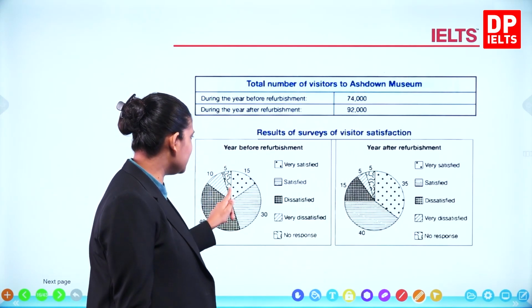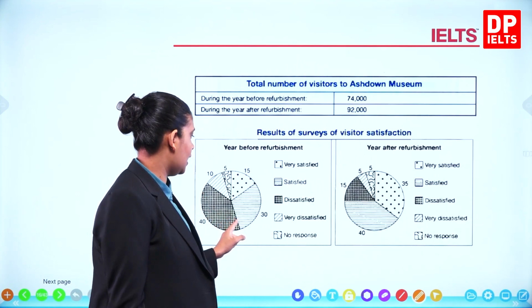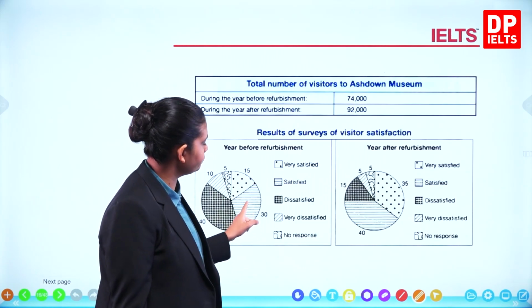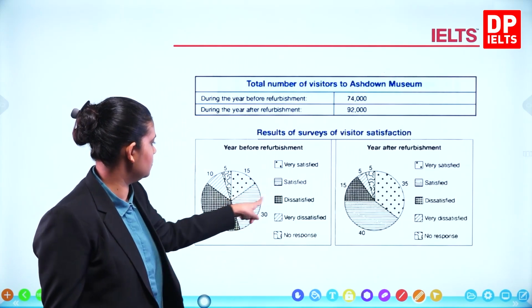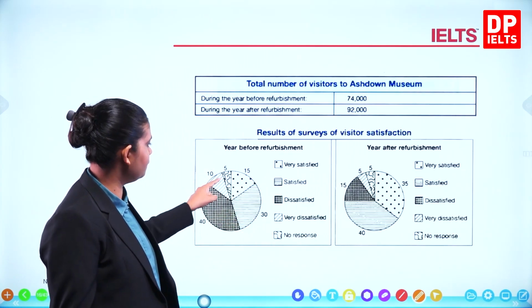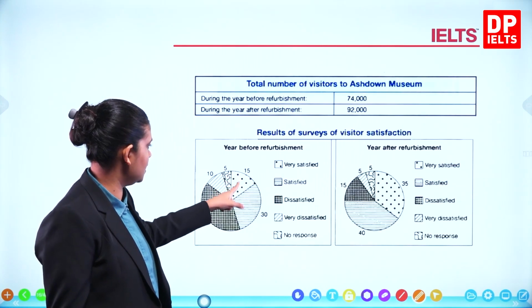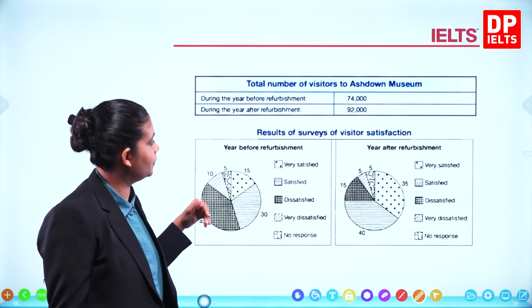So most of them were dissatisfied, which was 40%, and then 30% said that, yeah, they are satisfied. Okay, so the lines which go this way. 10% said very dissatisfied, and then 15% said they're very satisfied, and then 5% no response.